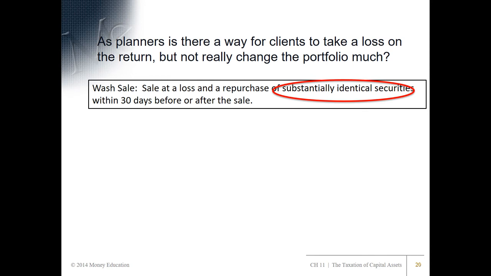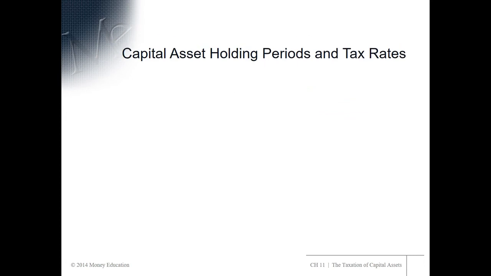So you could buy exactly the same, or you could buy substantially identical securities within 31 days before or 31 days after the sale. Or if you're within this 60-day window still, you can buy similar securities but not substantially identical securities, and we went over what that is in an earlier chapter.